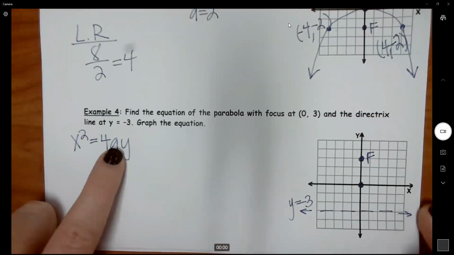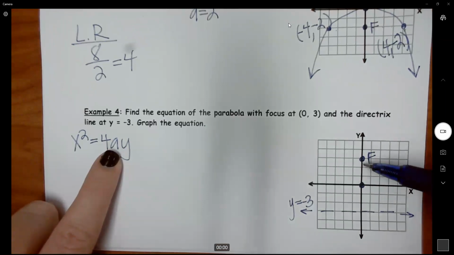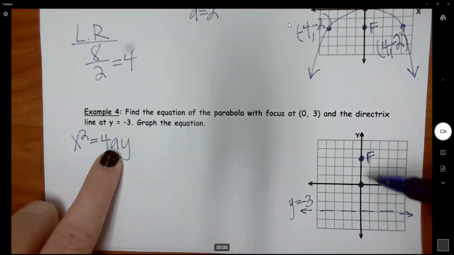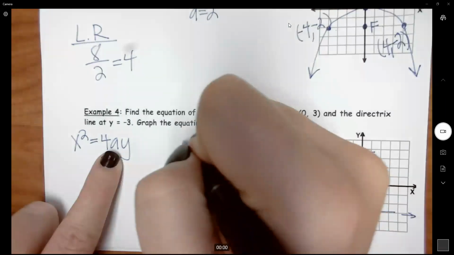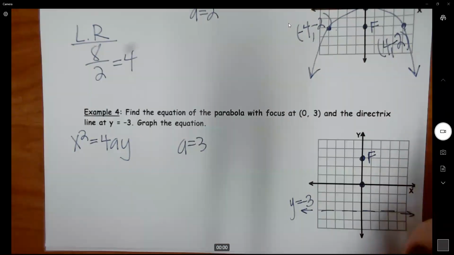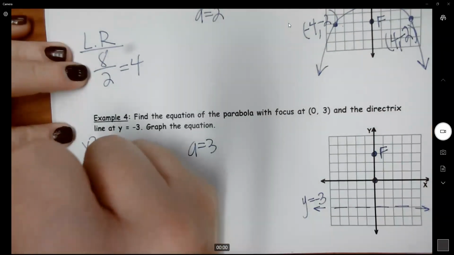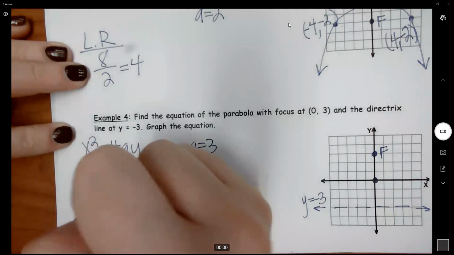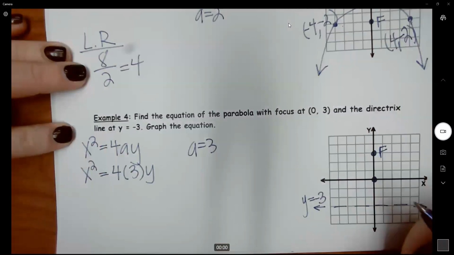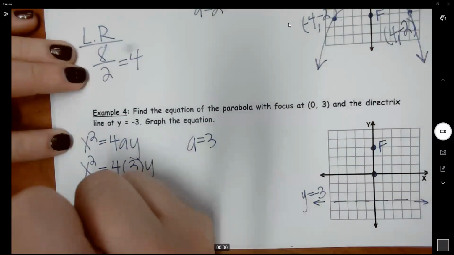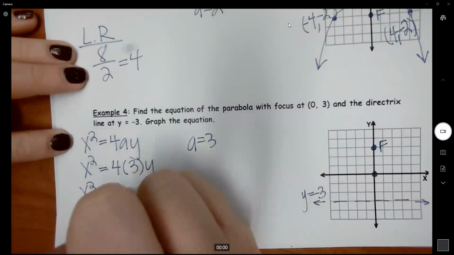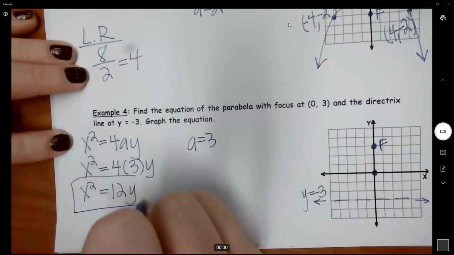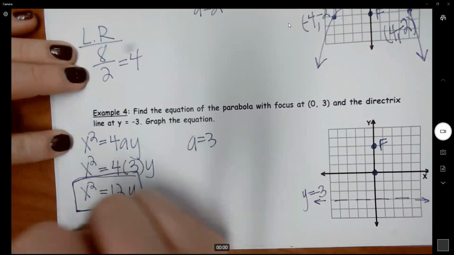The only thing I need here is my a. And what is my a? It's 1, 2, 3, 1, 2, 3. a equals 3. So we've got x squared equals 4 times 3y, so x squared equals 12y. That is my equation.